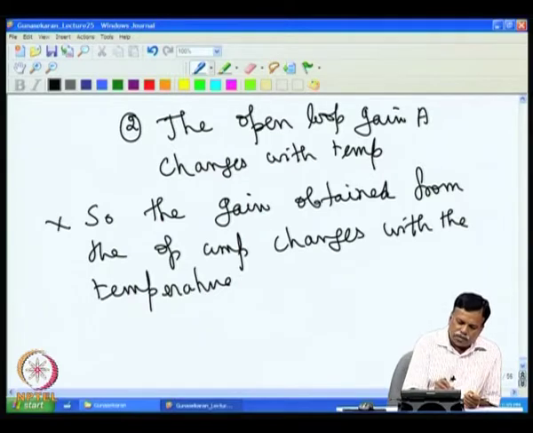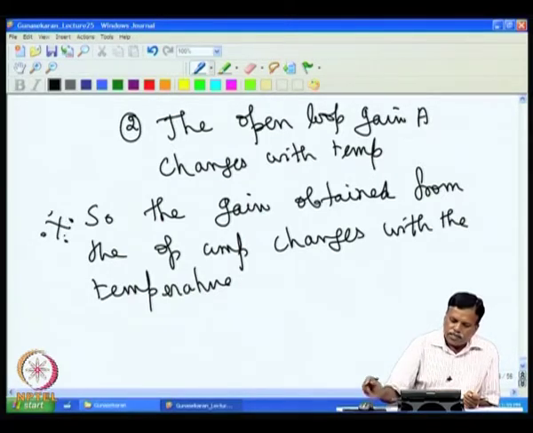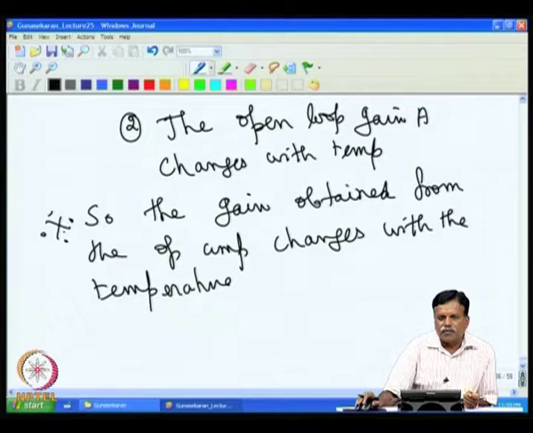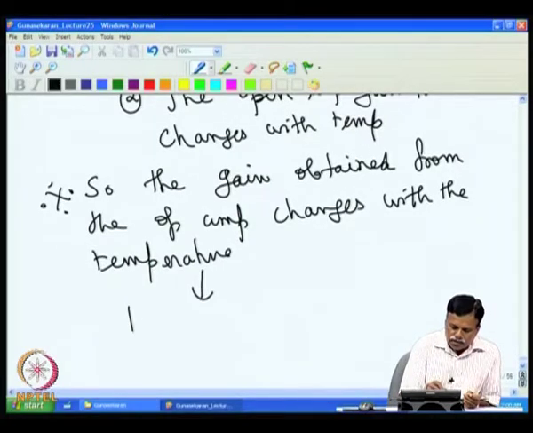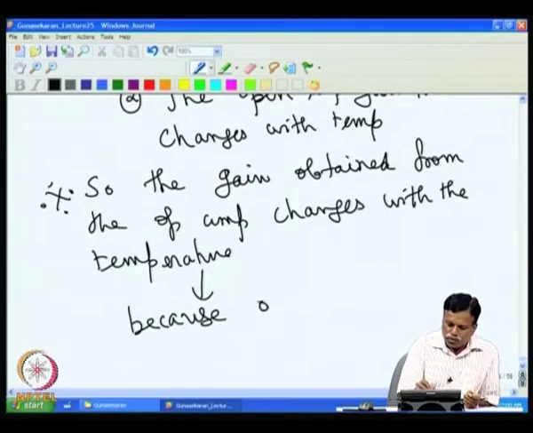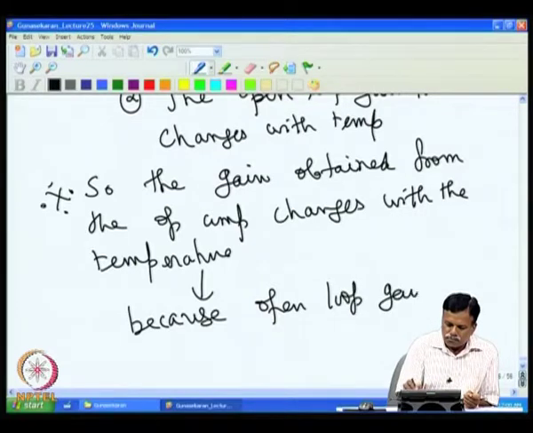Now, this is a very important point that we have realized, that whatever gain that we are getting is not constant, it changes with the temperature. This is because A is changing with the temperature, because open loop gain A changes with temperature.